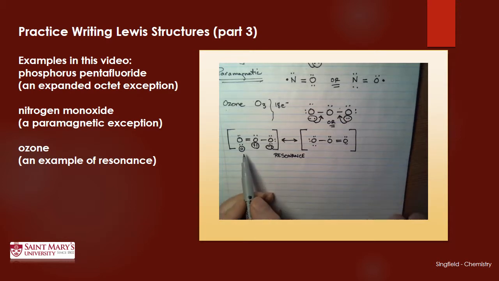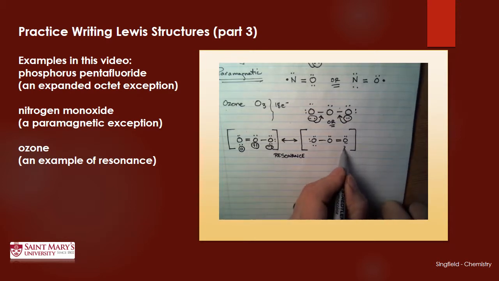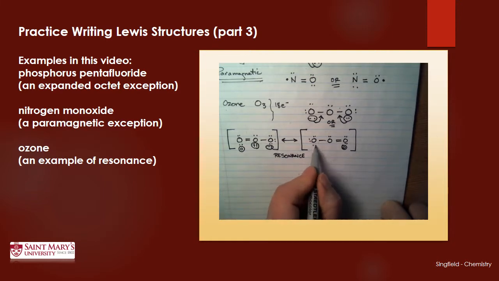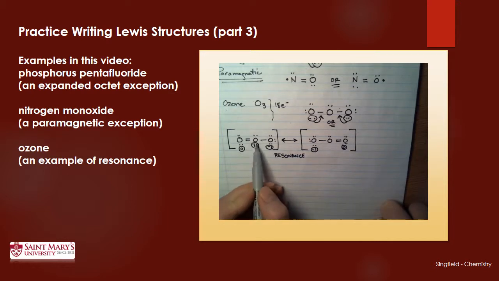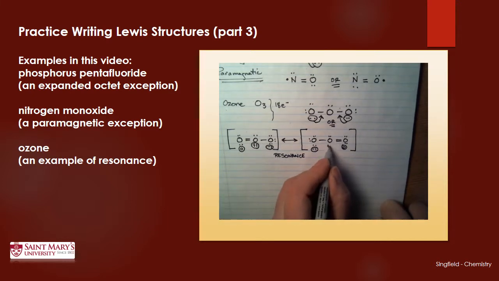So I see that the double bonded oxygen has a 0 formal charge. The single bond oxygen with 3 lone pairs has a -1 formal charge. And the oxygen in the middle that has a double and a single and 1 lone pair is a +1. So those are the formal charges on ozone. Those are the 2 resonance structures possible for ozone. And that's the end of our little practice video here for part 3.